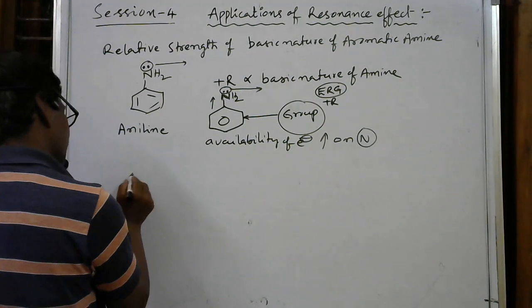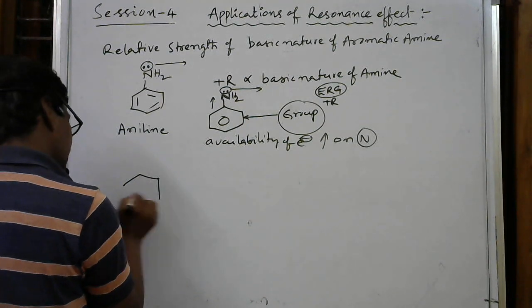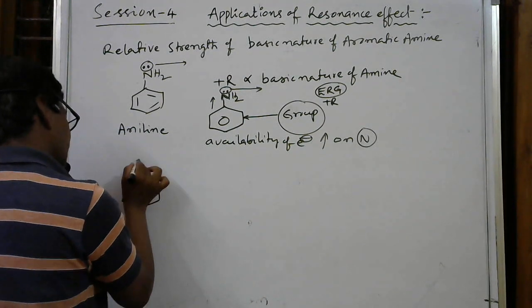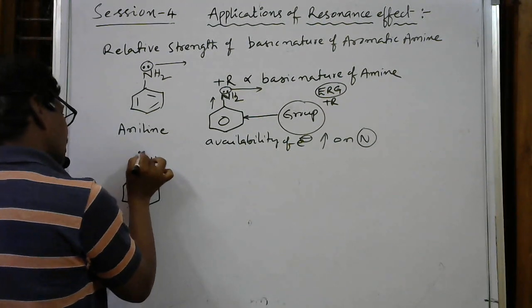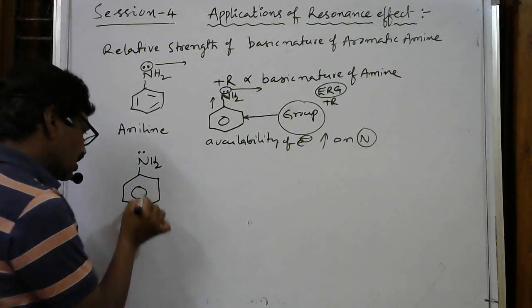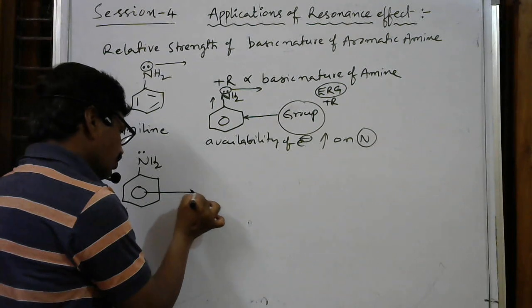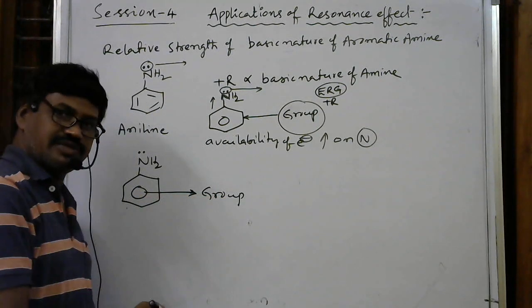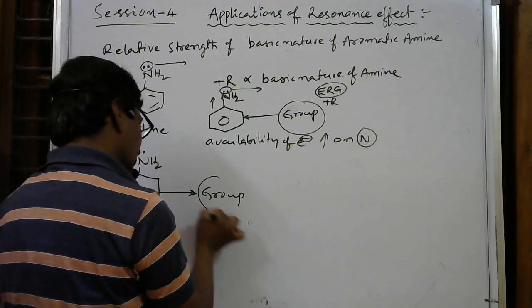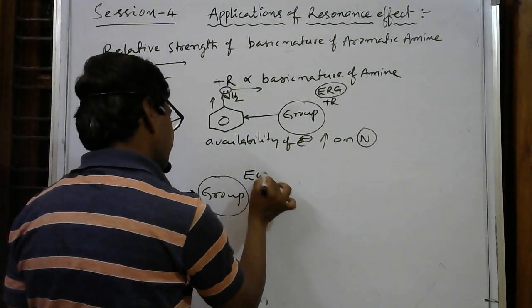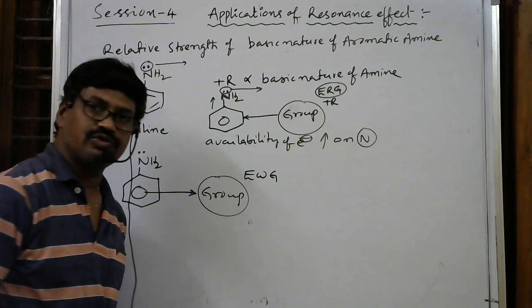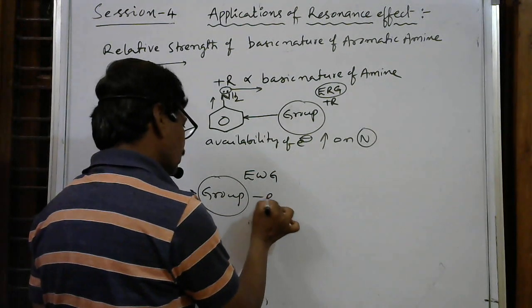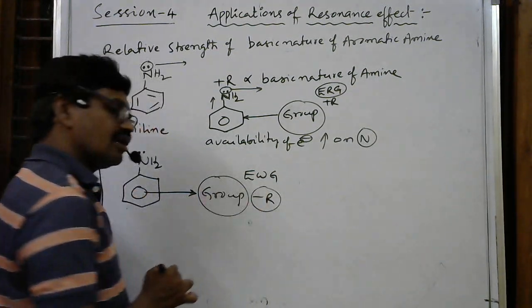See here, I am taking a benzene ring with NH2, this is aniline only. Here there is one lone pair of electrons. When, through the ring, electrons are moving towards the group, electrons are accepted by this group. This group is called EWG, electron withdrawing group, otherwise minus R group.